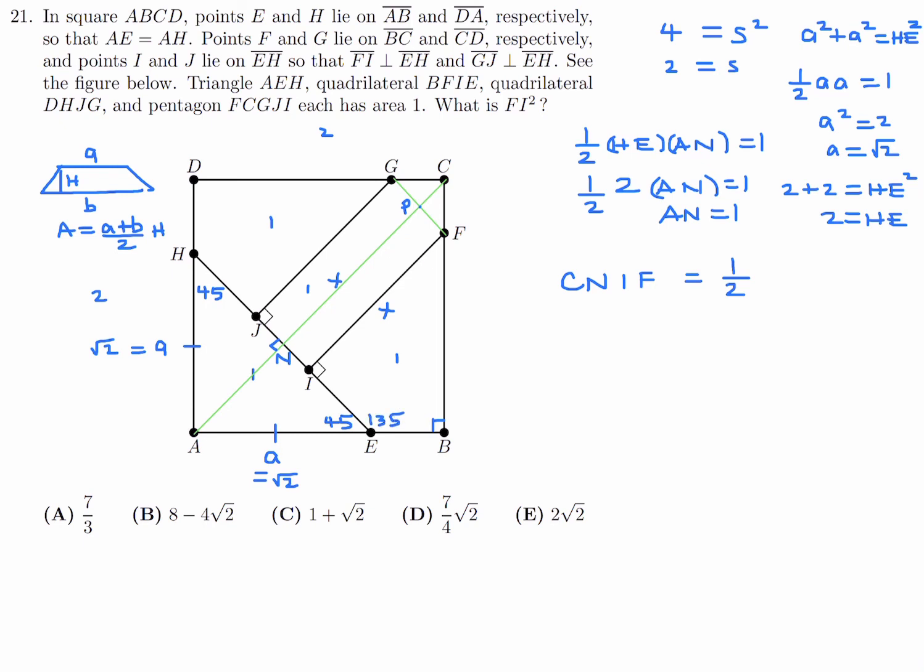And therefore we can figure out this angle, since the sum of all those angles would be 2 times 180 because those are two triangles. And we already have a 90, a 90, and a 135. So that can easily be figured out. It would be 360 minus 90 minus 90 minus 135. And therefore that is 45 right here.